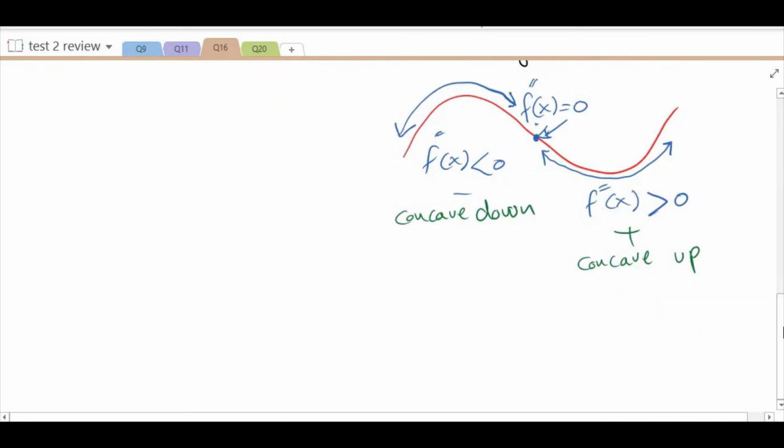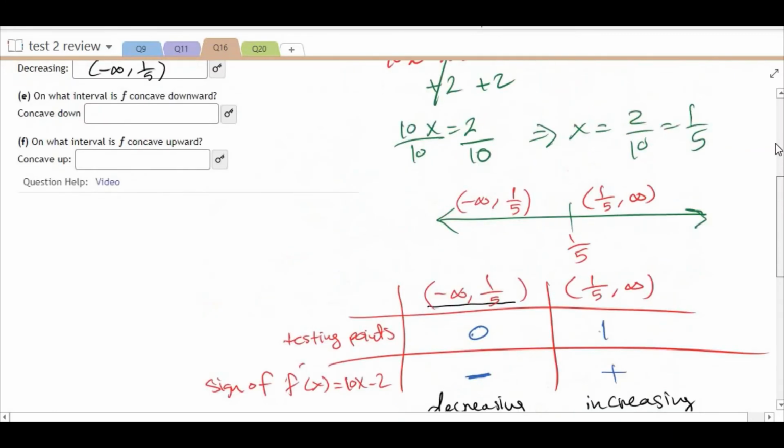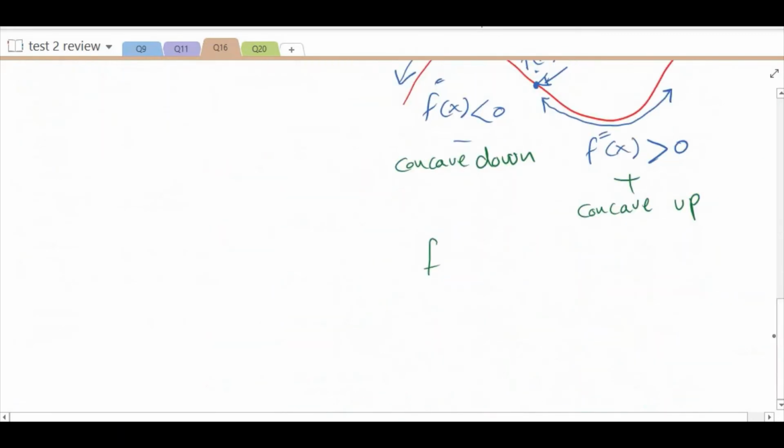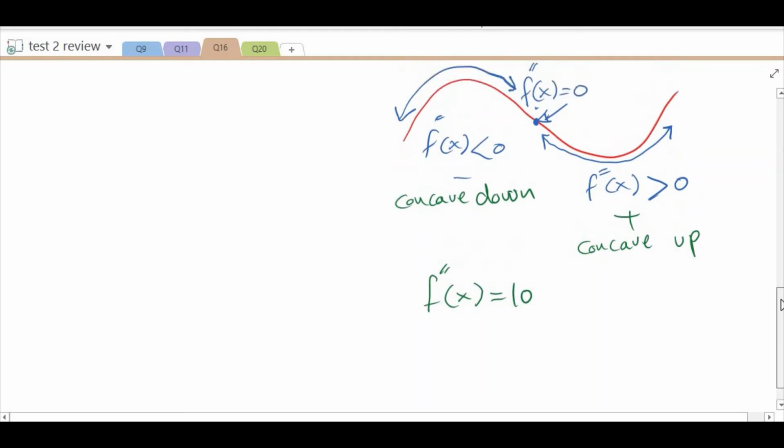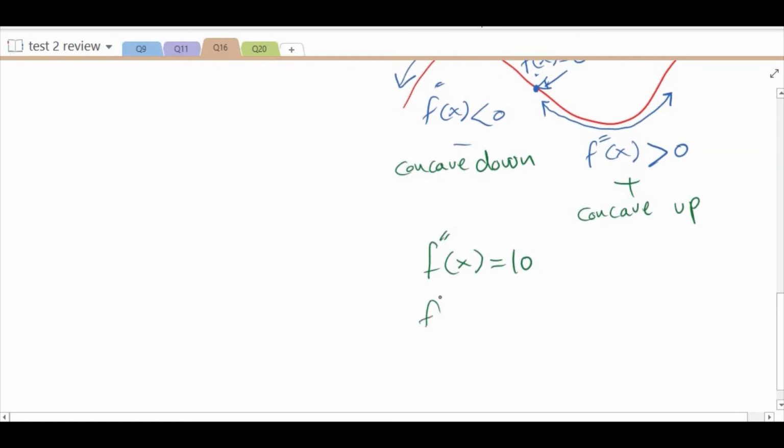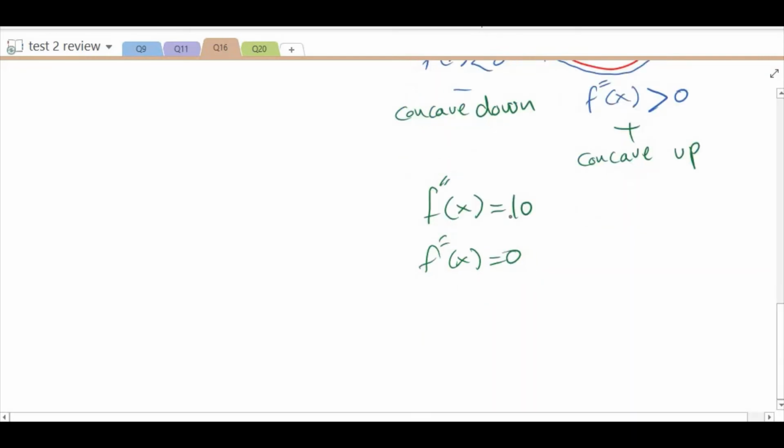So let's do that. From the beginning, we figured out f double prime of x, and the answer was equal to 10. Now, in this case, we cannot find any inflection points, and the reason for that is because we cannot make f double prime of x equal to 0 in this case. It's not possible because it is equal to 10, and I don't have any variables here, so it's always going to be equal to 10.